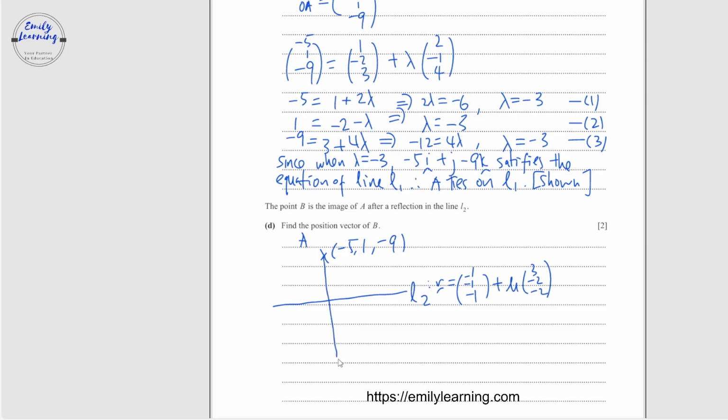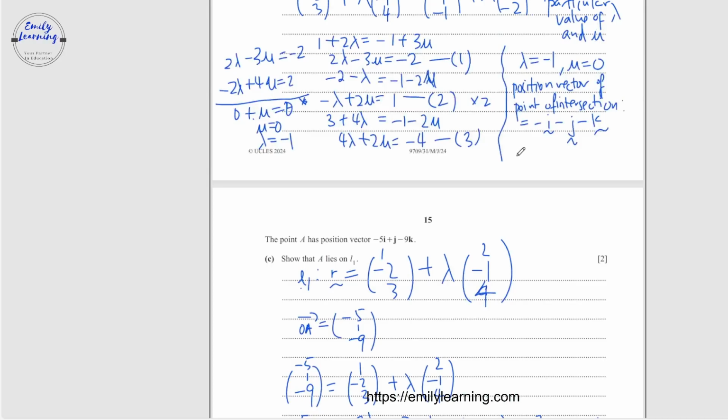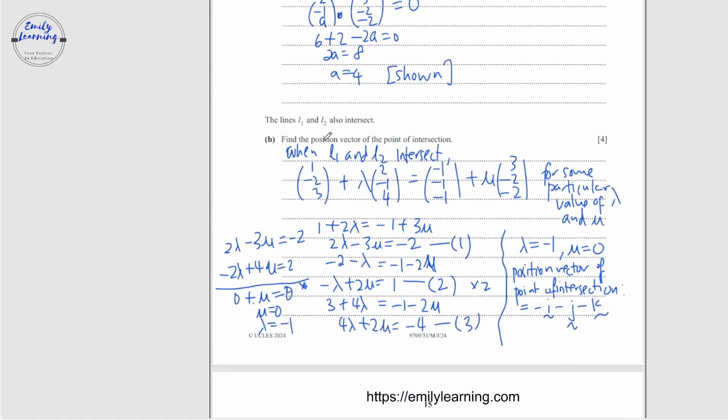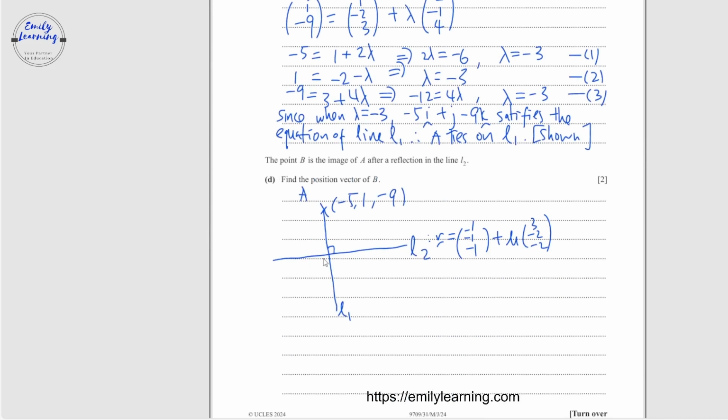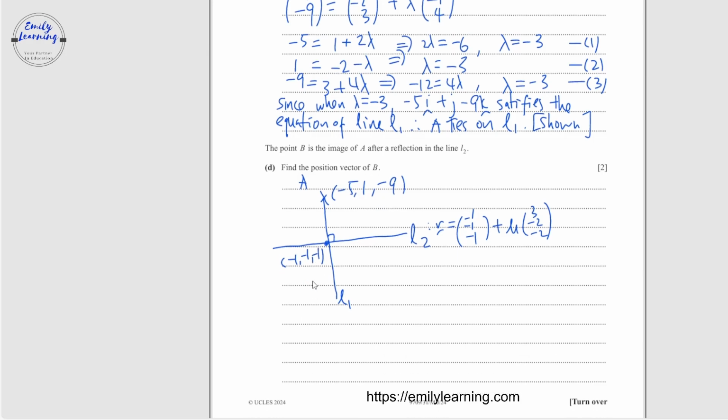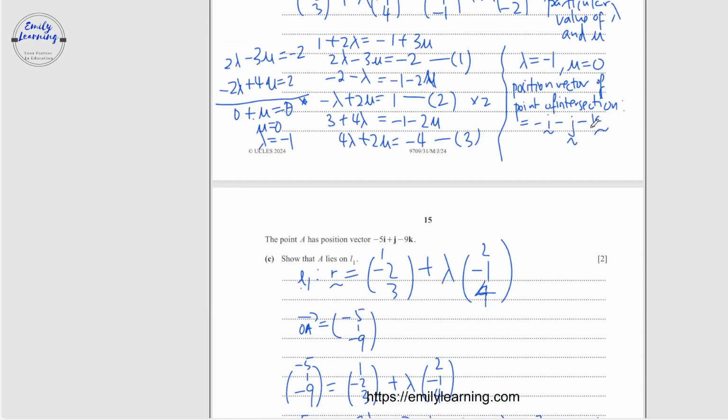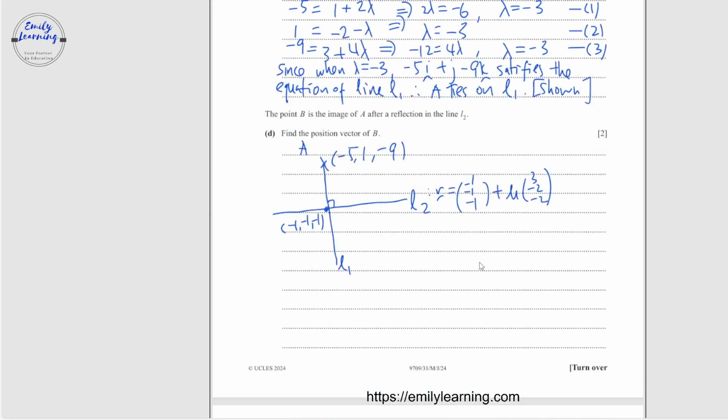And I know that L1 and L2 are perpendicular. And I know that the point of intersection, which we found in part B, is (-1, -1, -1), because minus i, minus j, minus k is the point of intersection. So they say B is the image of A after reflection in the line.